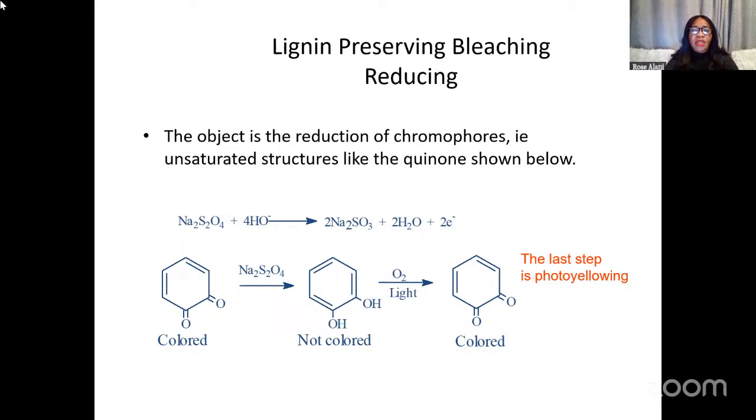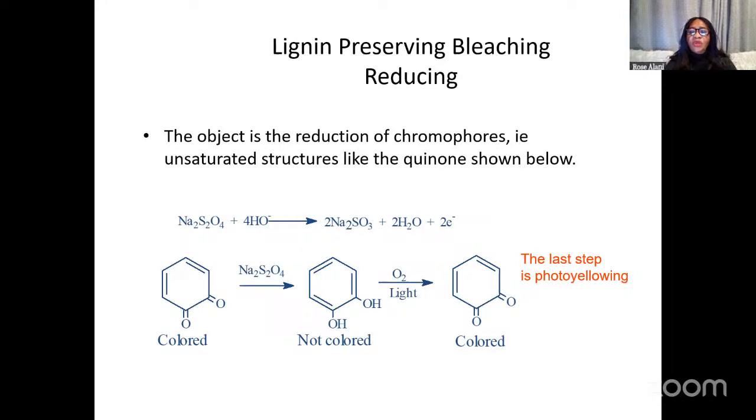So here, the quinone, which is the colored structure, the chromophore, is attacked by the sodium sulfite. Then the quinone is changed to hydroquinone, which is the one that is not colored.